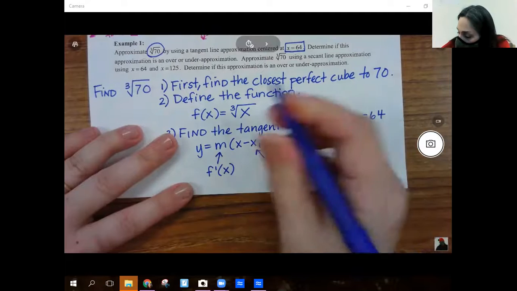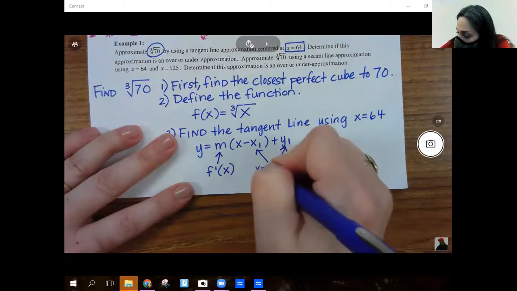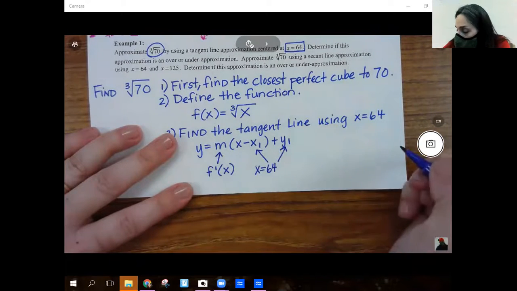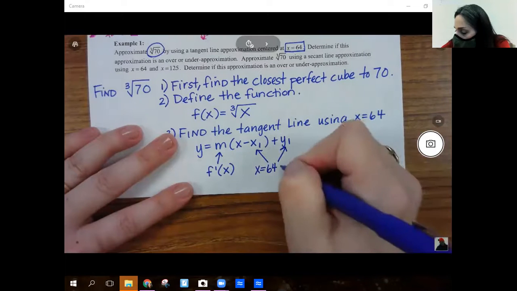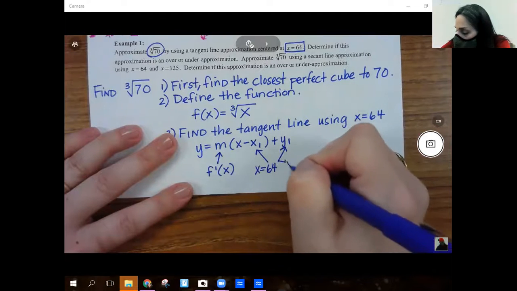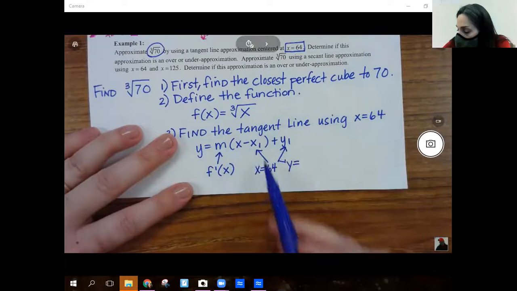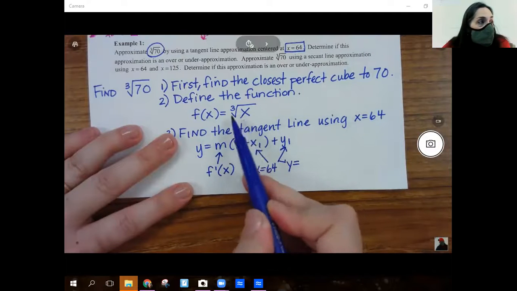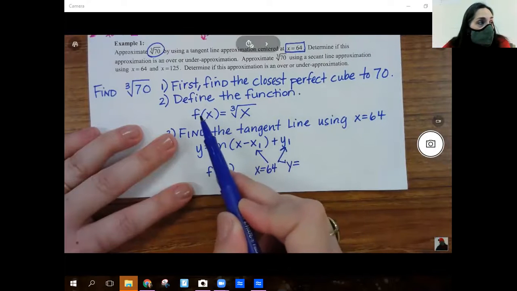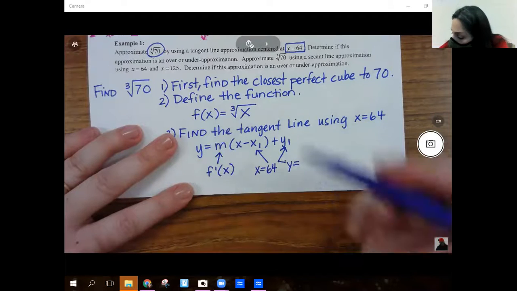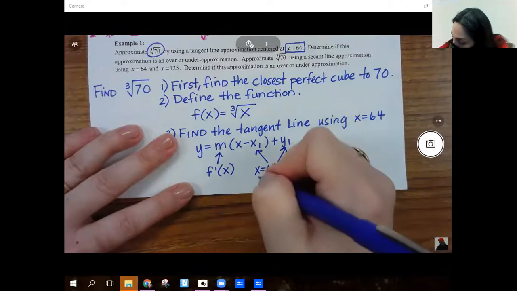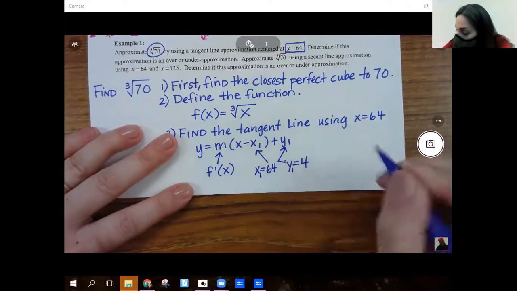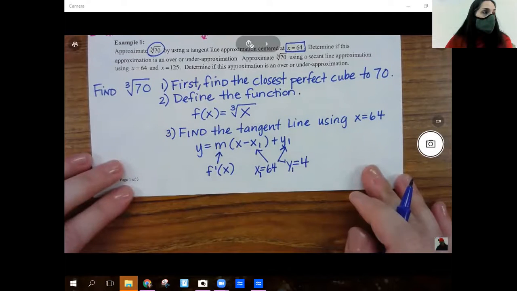So this would be x equals 64. And if I put a 64 in right here, what would be the y value? 4, right, the cube root. So x1 is 64 and y1 is 4.